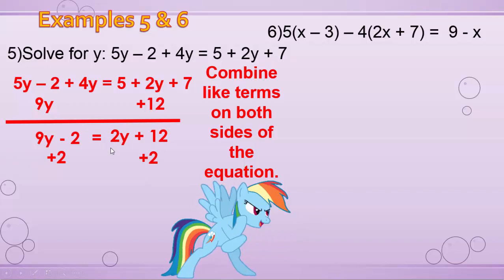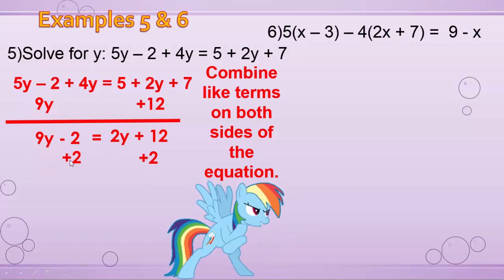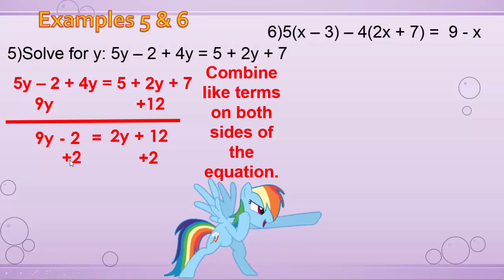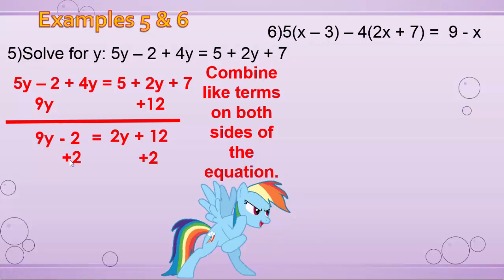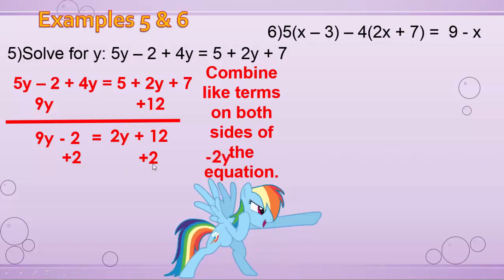Now we're going to balance it. We have a negative 2 here. I'm going to put positive 2 here, but remember, whatever I do to one side, I must do to the other side.